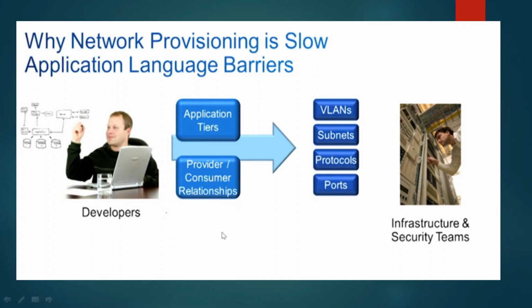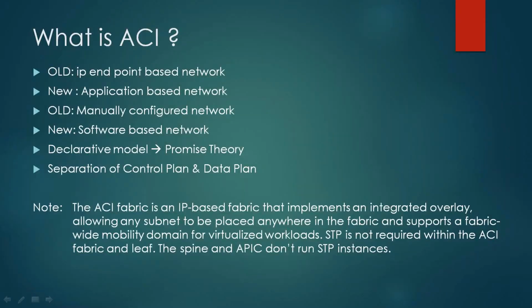And then we have relationships like provider and consumer, and the contracts between them. In short, the network is now there to support applications. The application is at the core and then we design the network. That's the overall idea we have with ACI.